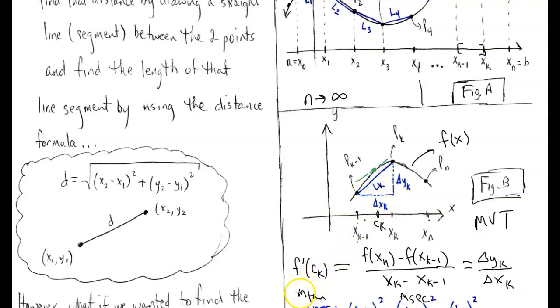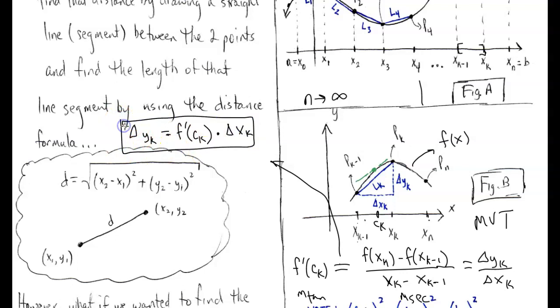So because of that, we can take this and rearrange it to where, and I'm going to write this over here, we could express the change in y sub k, let's make that a subscript, as the derivative of the function f evaluated exactly at a value c sub k times the change in x sub k.